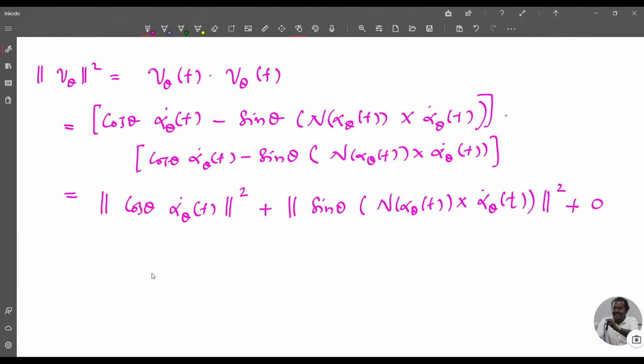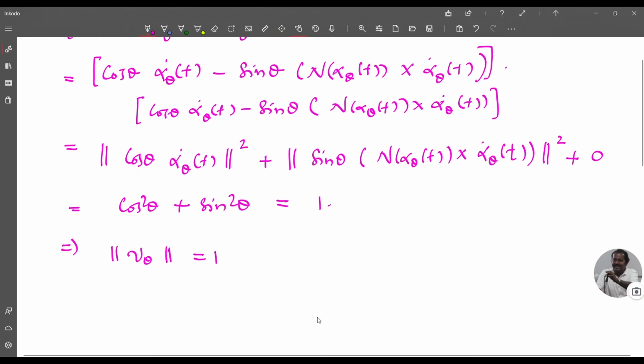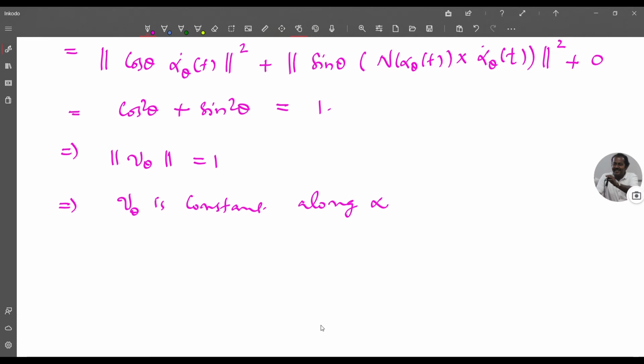So this is equal to cos square theta into norm alpha theta dot of t, which is 1, plus sin square theta into norm of this, which is also 1. So this is ultimately equal to 1. So this implies norm v theta is 1. So this implies v theta is constant along alpha. Now you consider v theta dot alpha dot of t.